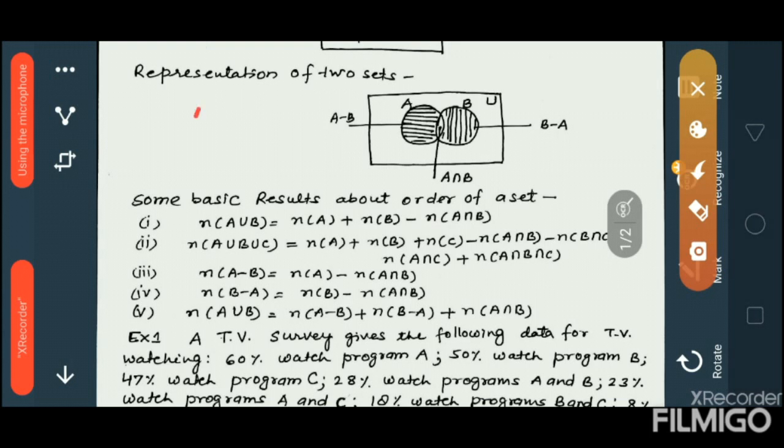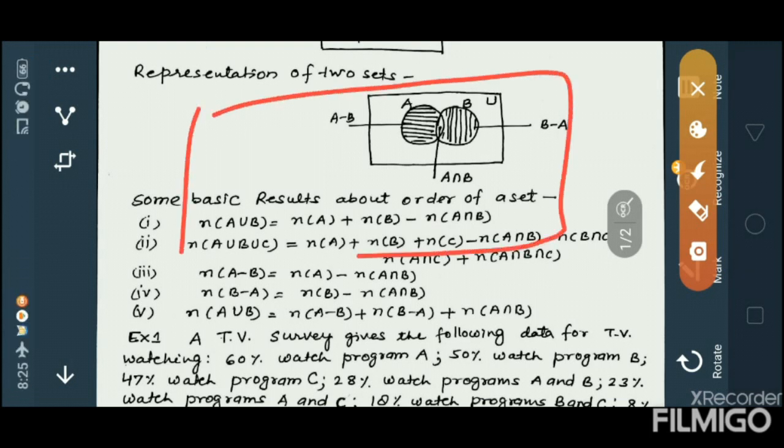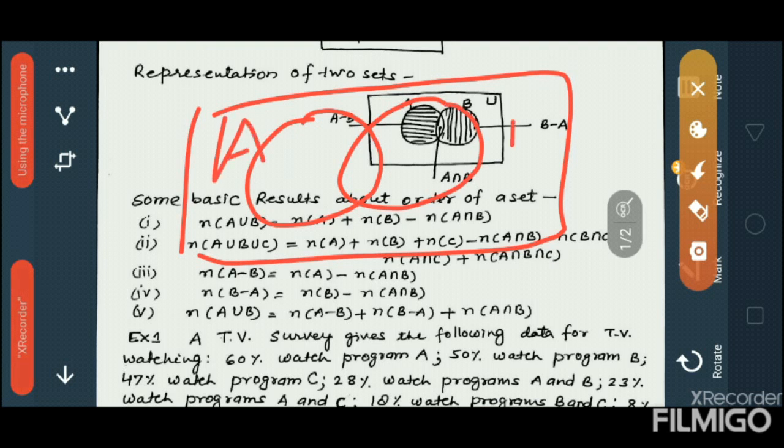Consider two sets. These are two sets. This is A, this is B. Here we want to establish this formula first.